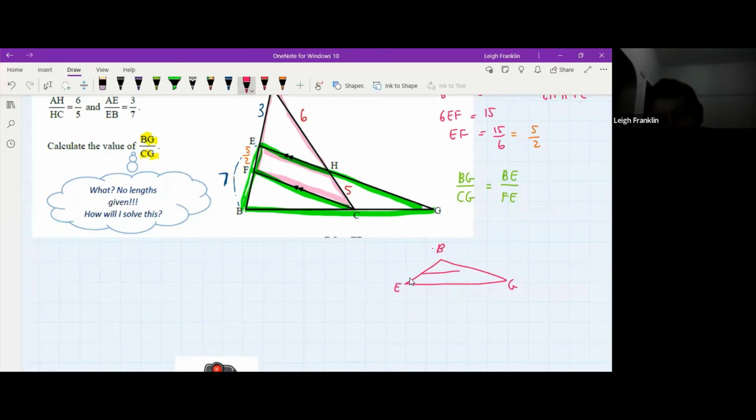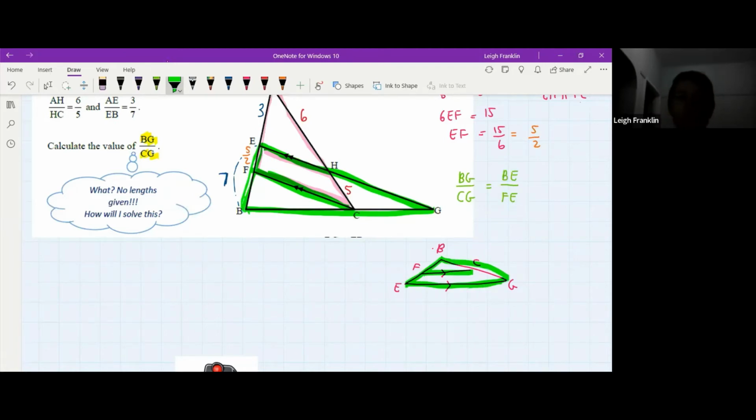Then we've got another line that's parallel, that would be F and C. This side is parallel to that one. So I've drawn the green triangle over again. Here's EG. Line FC is this line, and there's B at the top. It just happens to be down in the corner, but there is your triangle.